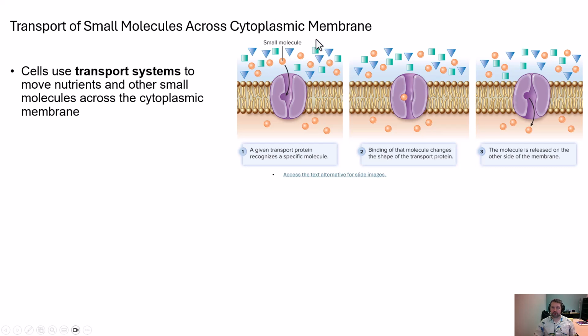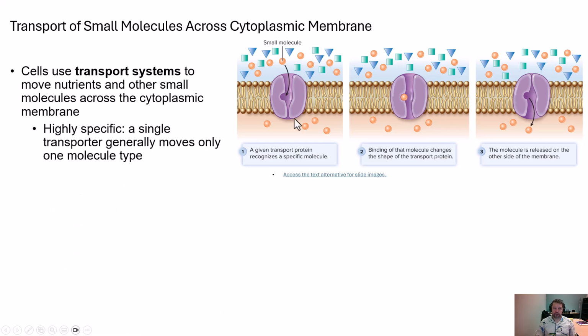A lot of these molecules that might be traveling in on a regular basis often will have an active site that's specific to that molecule, and that allows that molecule to go in, and no other molecules can fit that active site. So when we start finding out all the genetic material of a given species, we can start looking for specific proteins that are coded for that would have that kind of action.